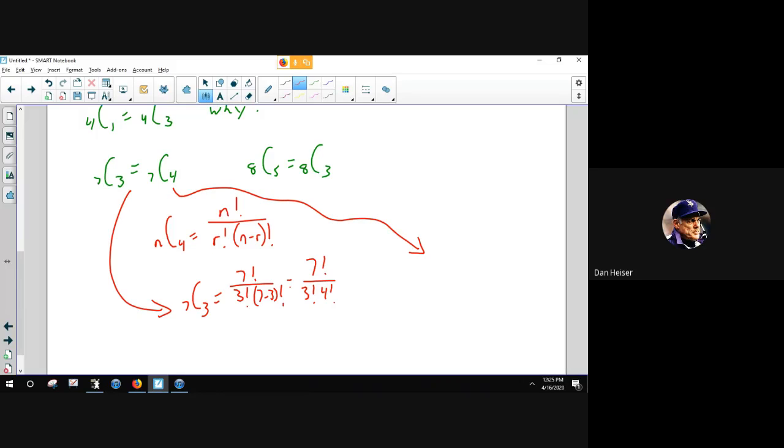And if I use 7C4 using that formula, I end up with this. 7 factorial, 4 factorial, 7 minus 4 factorial.